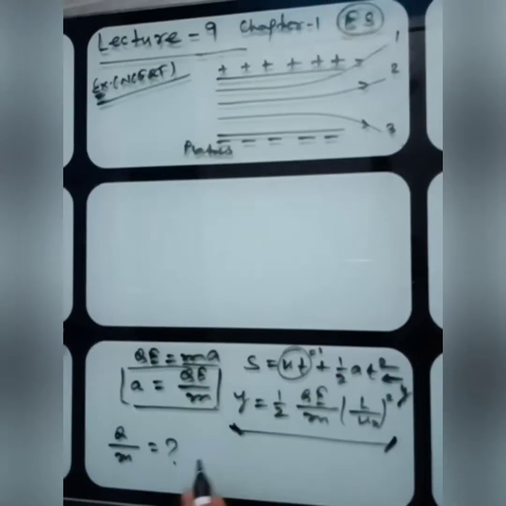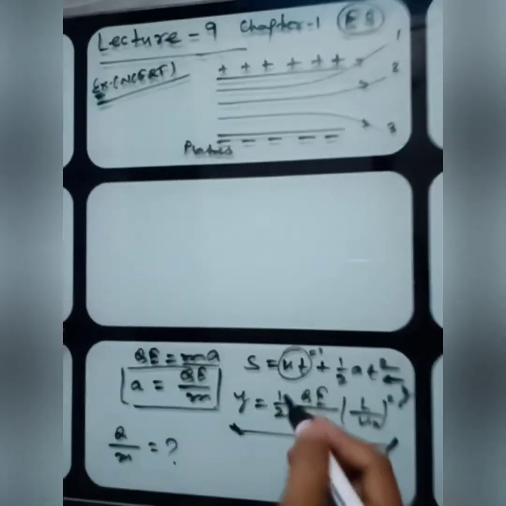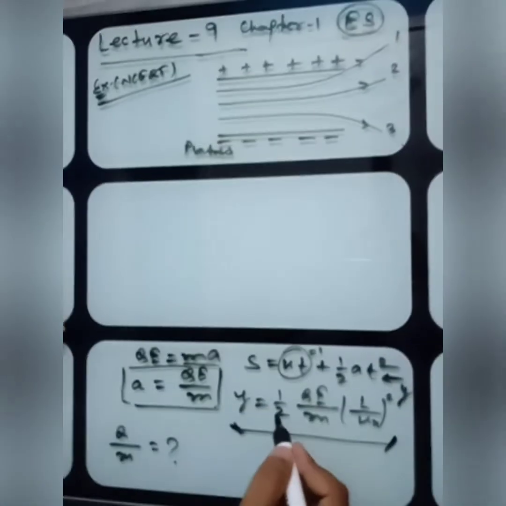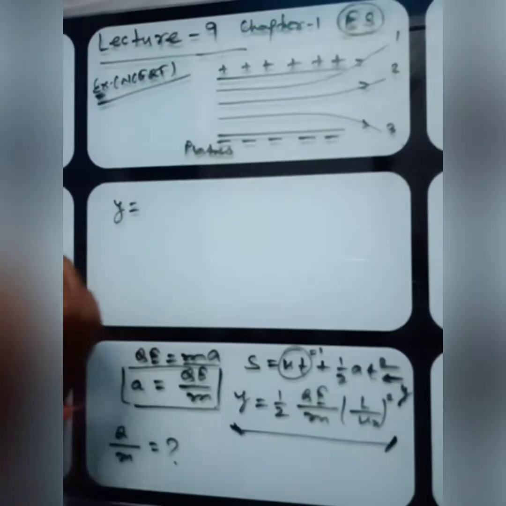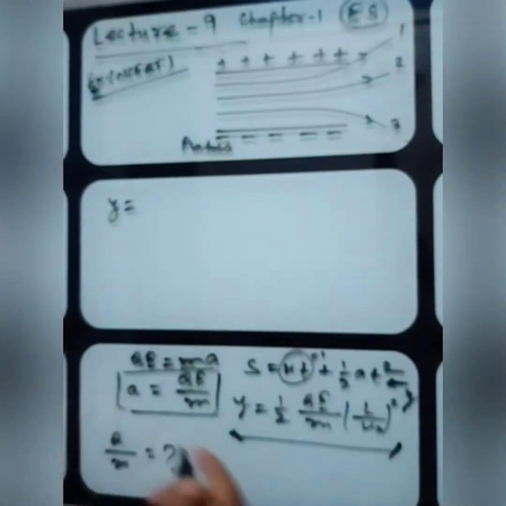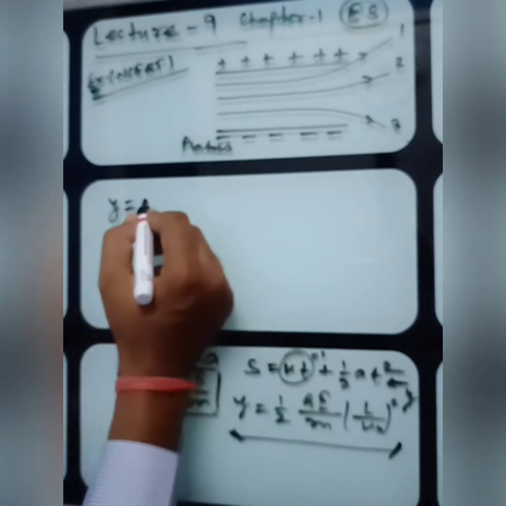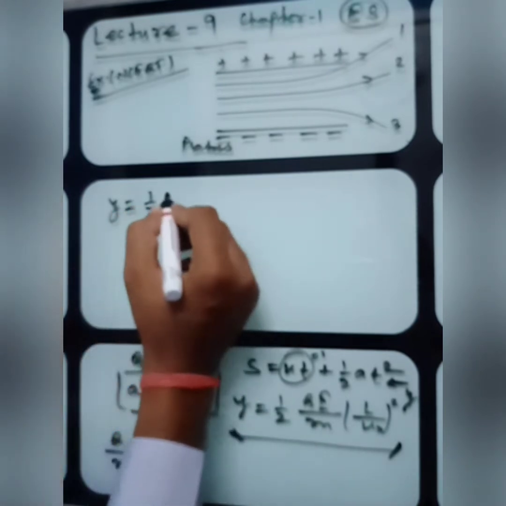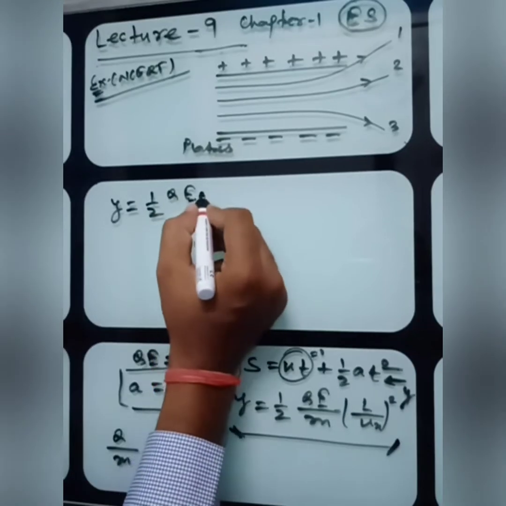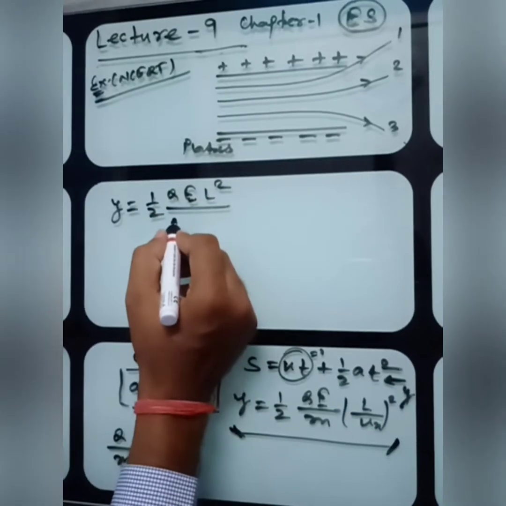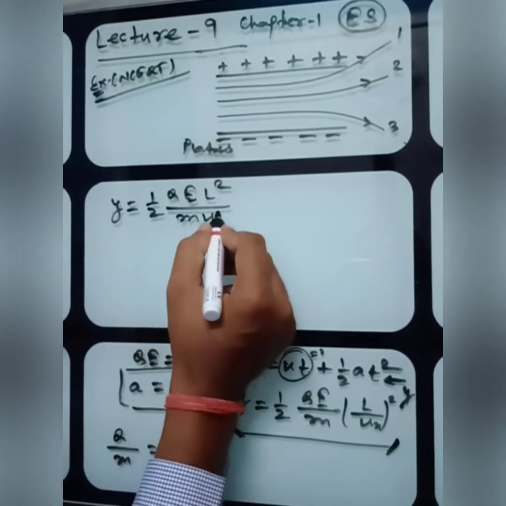From this equation you can write the charge by mass. y is equals to half QE L square by M U square.